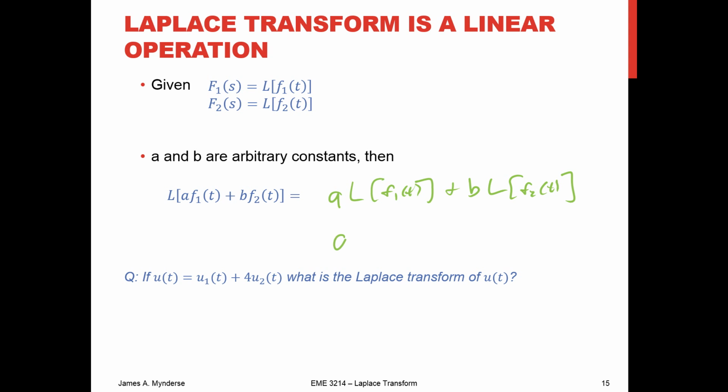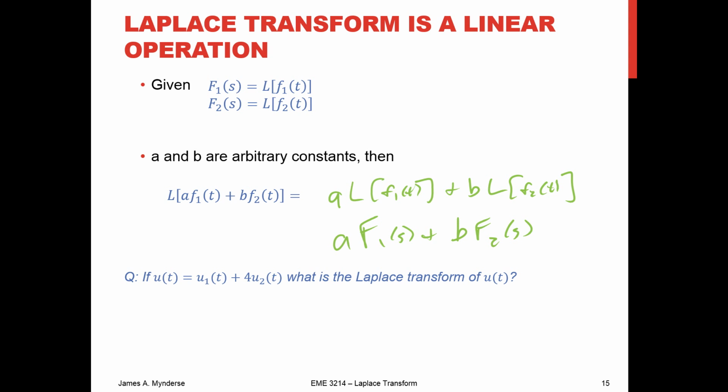And we know what those are, so it'll end up being a F1 of s plus b F2 of s. And so right away you can see, since this is a linear operation and I have a table that tells me different connections between f of t and cap F of s, then I can split up a complex signal into relatively simple signals, Laplace each one individually, add them all up. It'll be great. It is always a good way to do things.